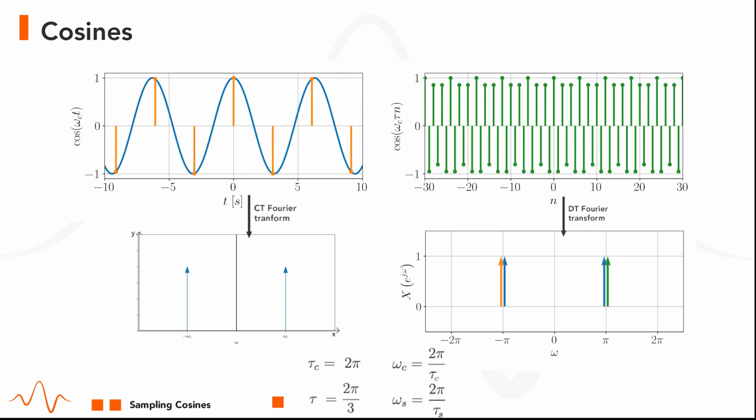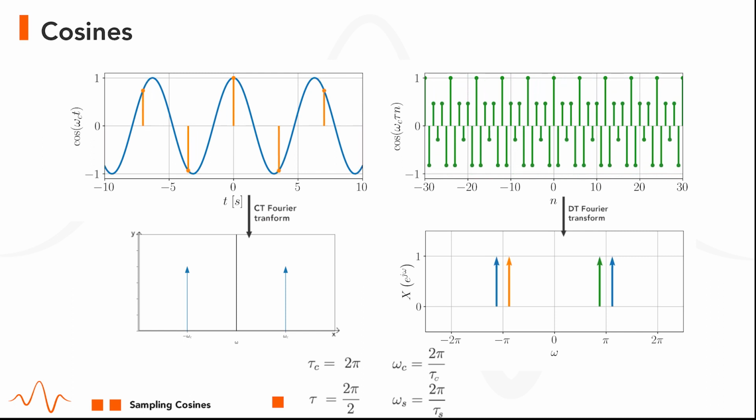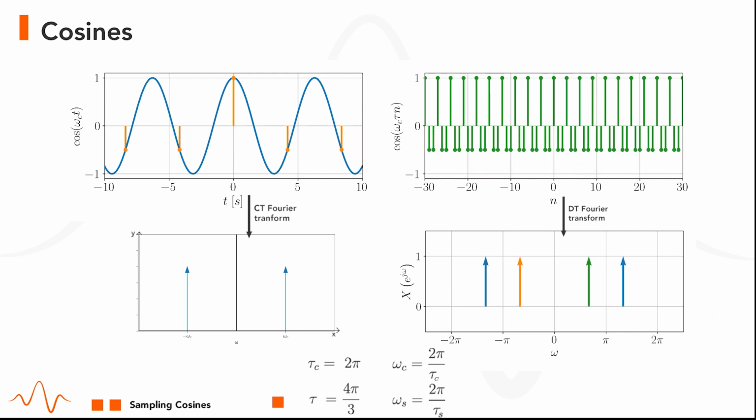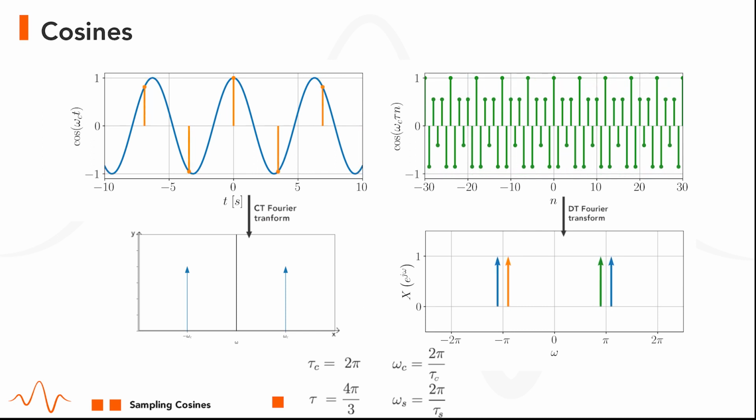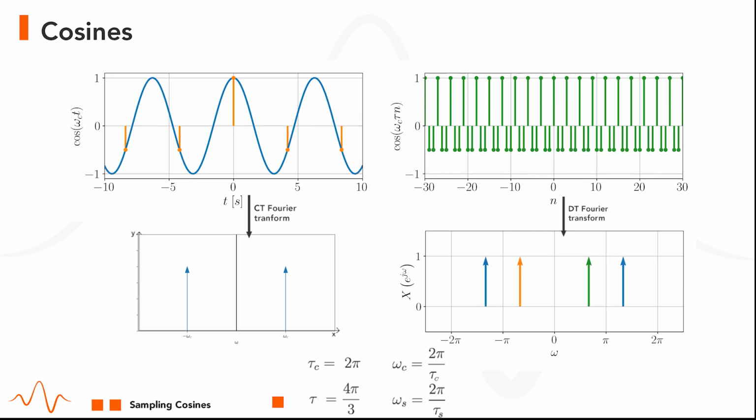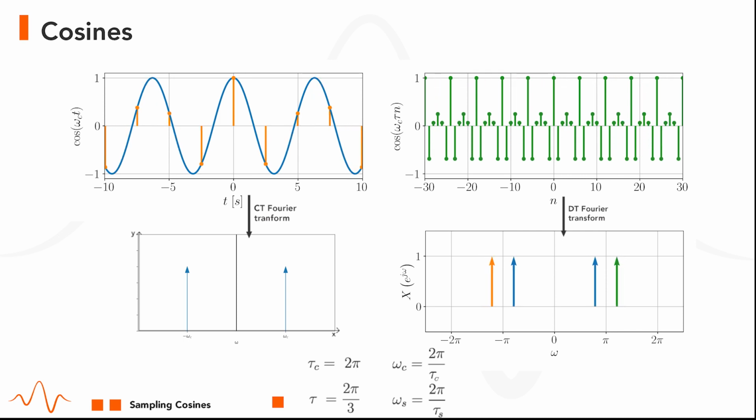Another funny feature is that for sampling period 2 pi over 3 and 2 pi times 2 over 3, the time domain signals are identical. If we ignore the colors of the diracs of the discrete time Fourier transforms, they are also identical in the frequency domain.